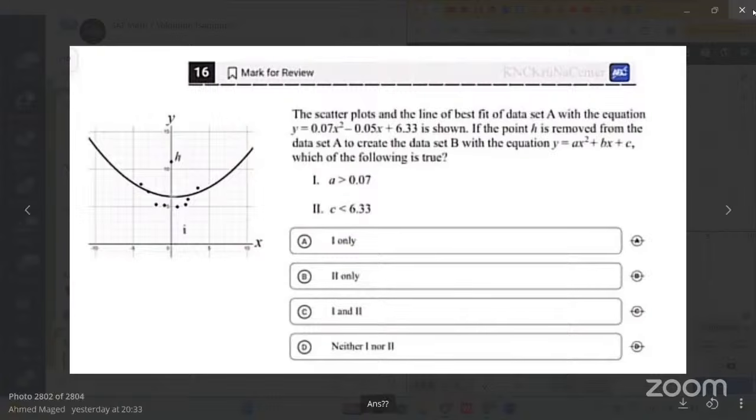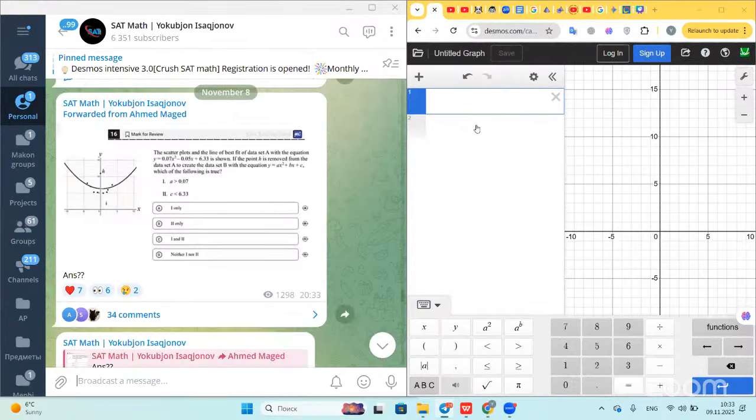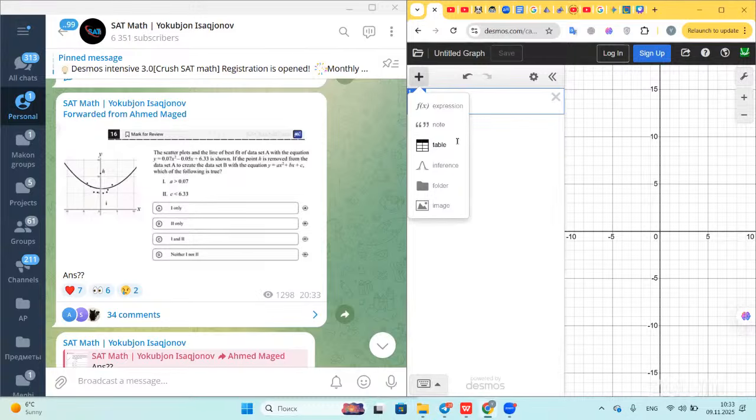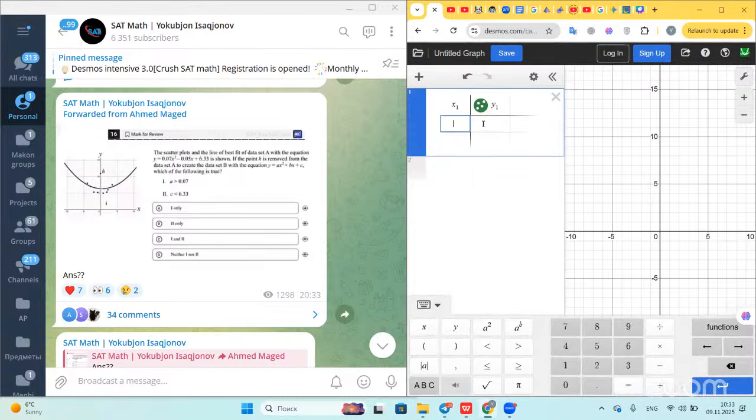Guys, let's do a very little experiment together. Let's open a table and give some points. For example, we will build a parabola, x squared plus 1. When x equals 1, it is 2.